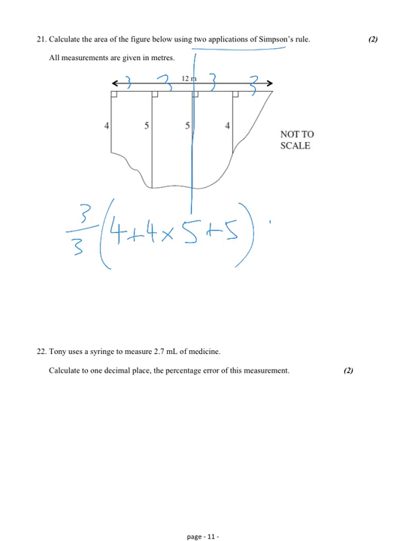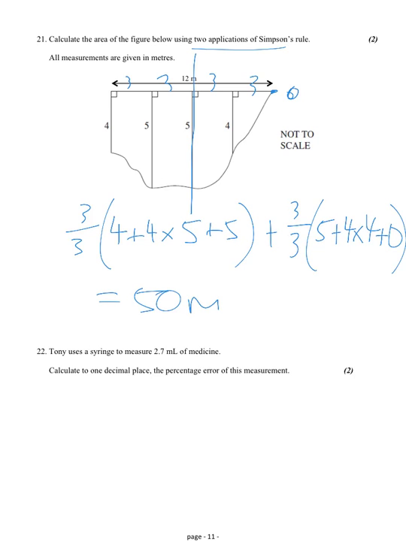That's the first application, plus distance between, 3 over 3, first measurement, 5, plus 4 times the middle, 4, plus the last, which will be 0. That is 0. Put that all in a calculator, and we get 50 metres squared.